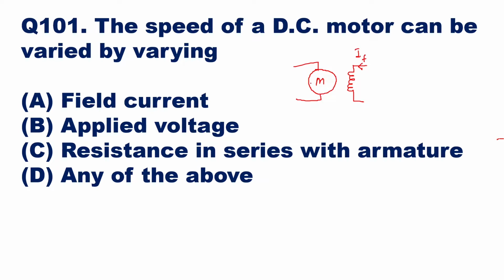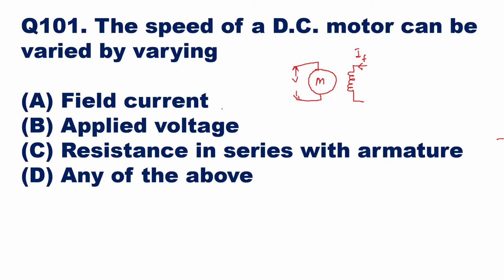A resistance in series with the armature also can be used to vary the supply.